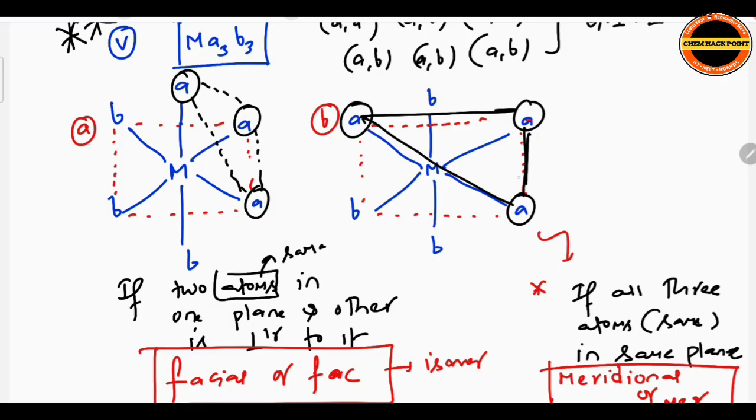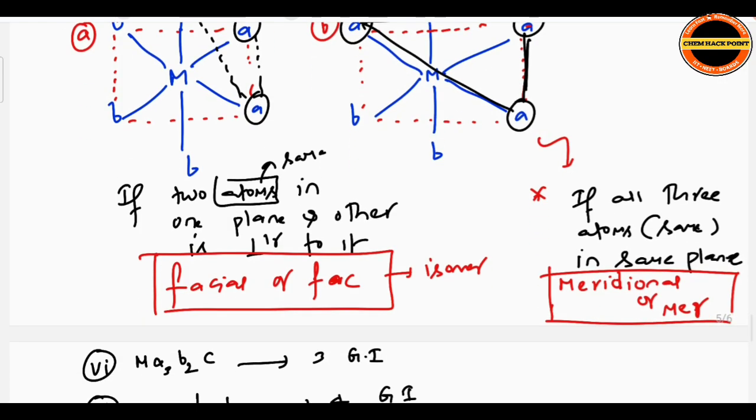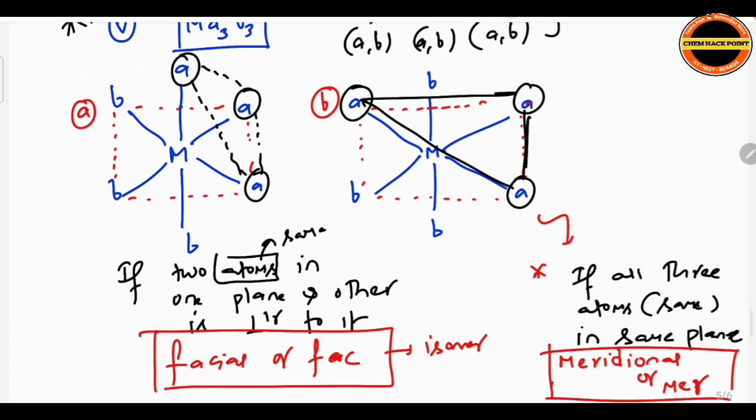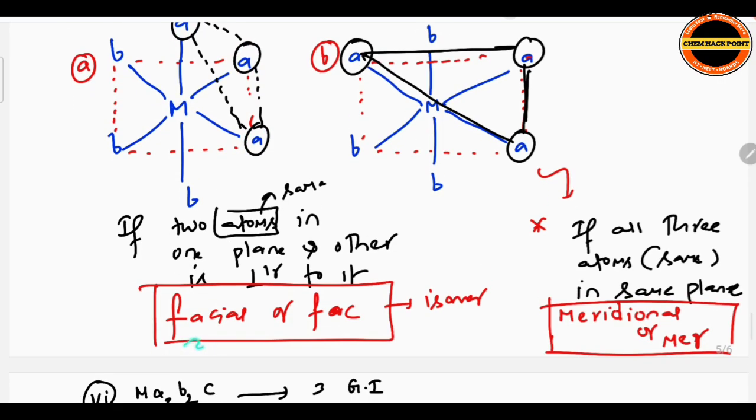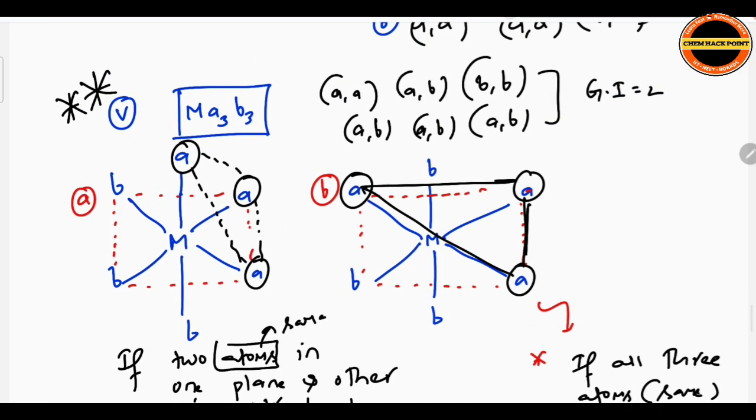If all 3 identical ligands are in the same plane, then we use meridional or mer isomer. When? If all 3 ligands are of the same type in the same plane. Out of 3, if 2 are in the same plane and one is perpendicular to it, then we consider it a facial isomer or FAC isomer; otherwise meridional or mer. Very important JEE Main question, repeated a number of times.